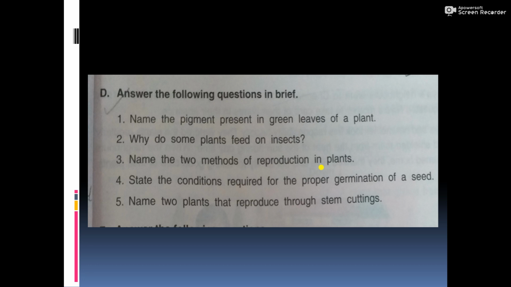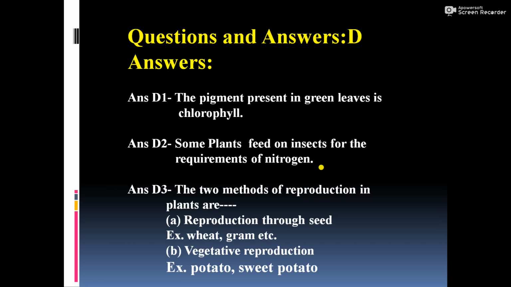Then you start the second question and separate it by making a line. So between the answers of the two questions there should be one gap. Clear?